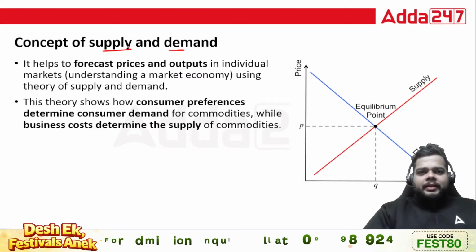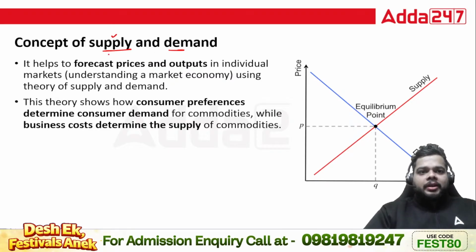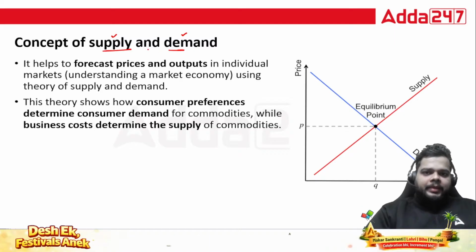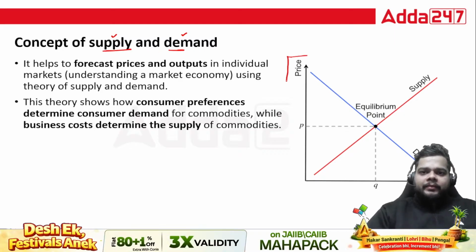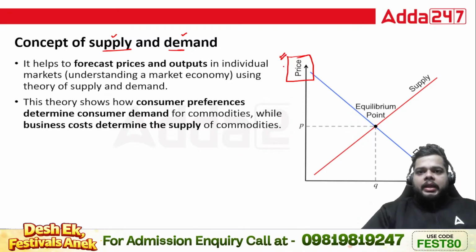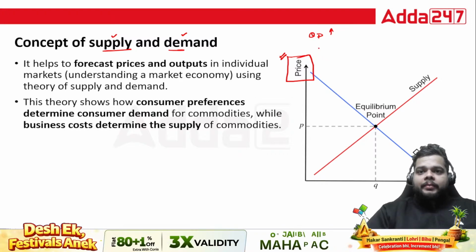Now, simply stated, the supply of a particular commodity or the demand of a particular commodity are directly related to the price. Right? The price fluctuations which are ongoing in the market determine whether the quantity demanded will increase or, for that matter, the quantity supplied will increase.